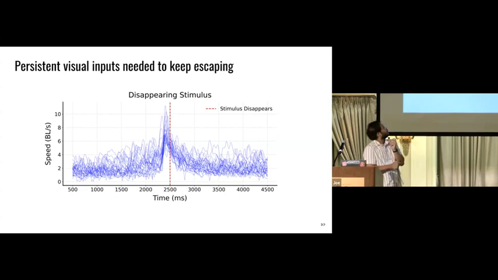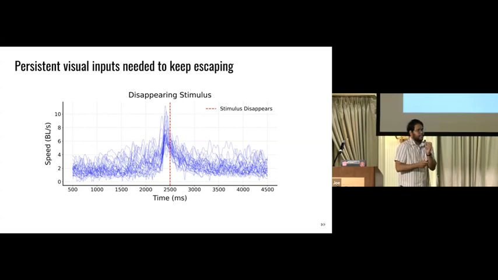This is where the stimulus goes away, and you have them starting to escape, with higher speeds. On the y-axis, you have speeds normalized to the body lengths per second of the fish, and on the x-axis, you have the time, of course. What you see is that once the stimulus goes away, the fishes go back down to a baseline velocity. So there is an immediate ramping down of the behavior once the stimulus disappears.